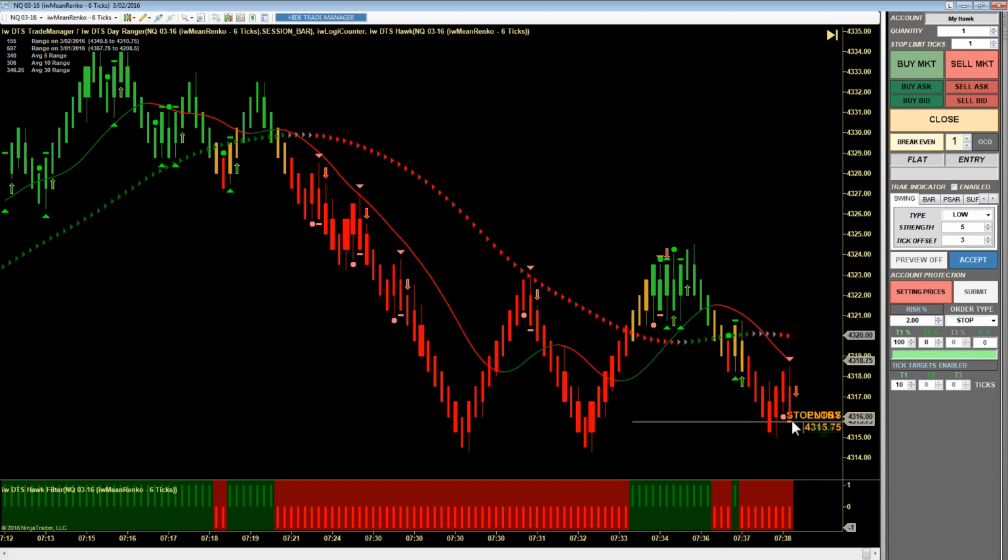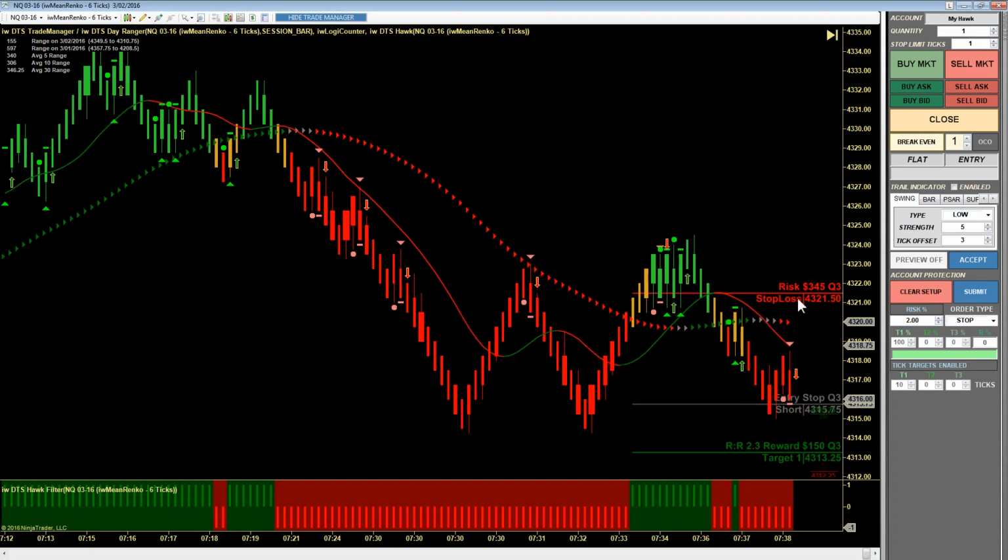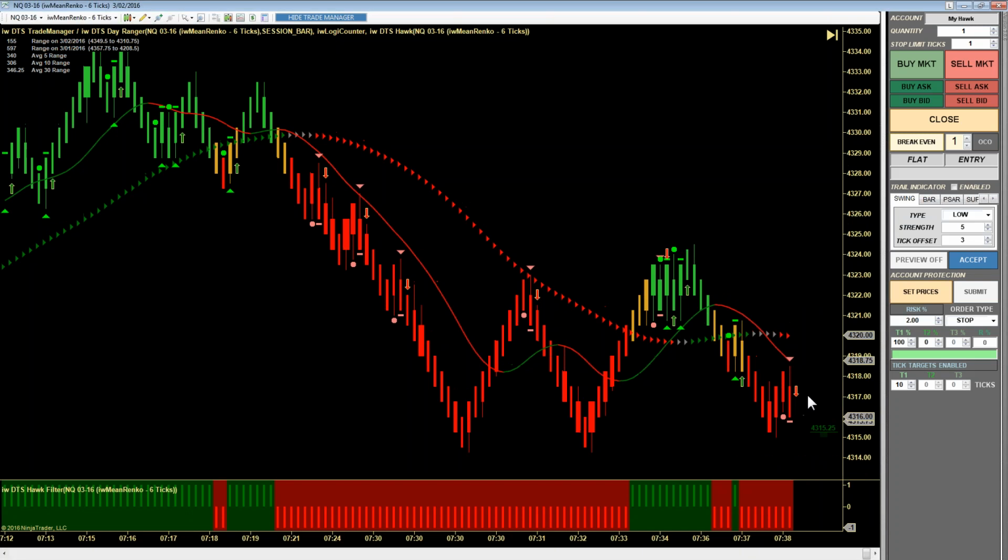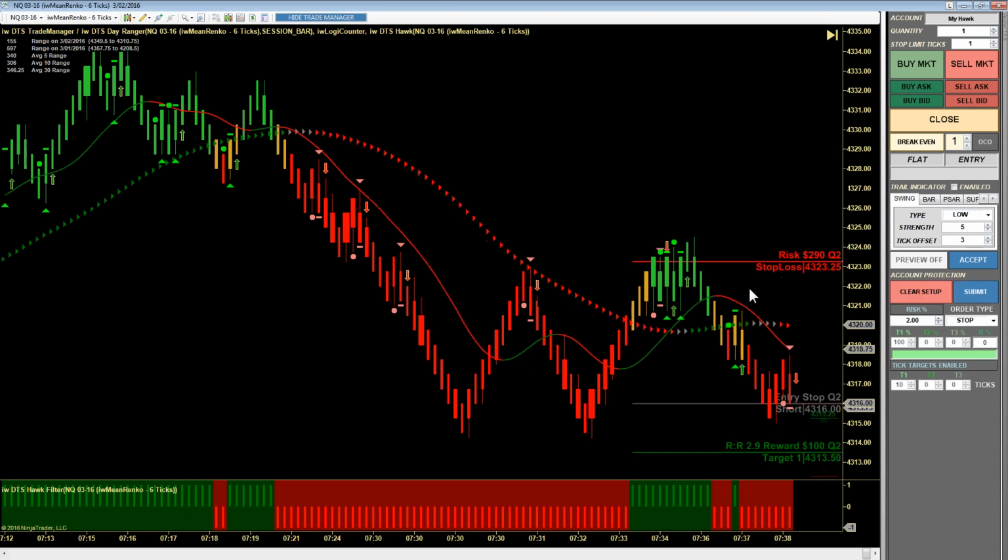What happens though if I place my stop maybe right there? Oh, look, the risk amount is about the same, still around $330. What if I place my stop a little bit higher still? What if I put it right there? Oh, it's still about $300.